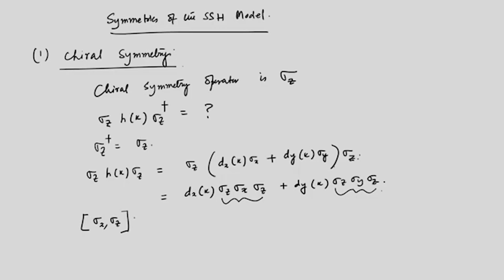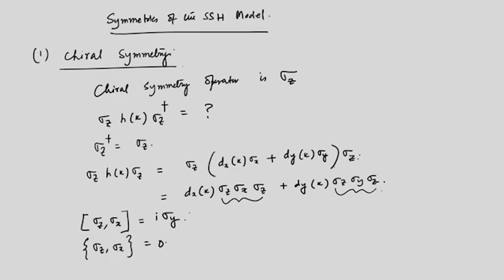Or we can do the other way around as well. So, we just write down sigma z sigma x commutator which is nothing but i sigma y. This is a known result from the properties of the Pauli matrices, and also we can write down the anti-commutation relation of sigma z and sigma x, which are of course distinct, and this is equal to 0.